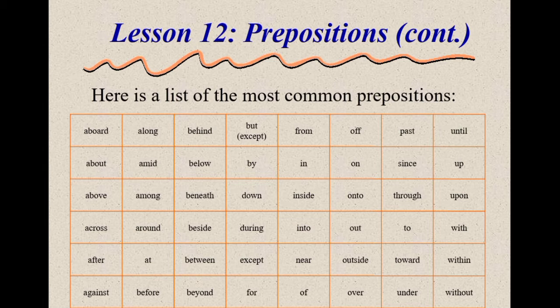Okay. Now here is a list of some of the most common prepositions. So now we will read: abroad, along, behind, but, from, of, fast, until, about, amid, below, by, in, on, since, up, above, among, beneath, down, inside, into, through, upon, across, around, beside, during, out, to, with, after, at, between, except, near, outside, toward, within, against, before, beyond, for, over, under, and without.